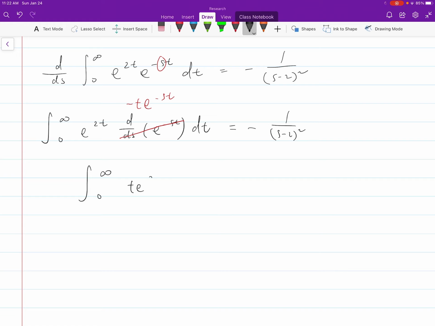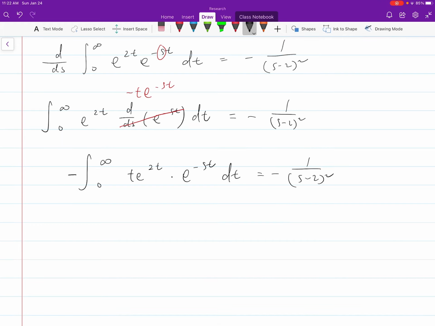I want to take this t and put it together with this one. I want to put the negative sign in the front. I want to keep this one here. Now, negative, negative cancel.